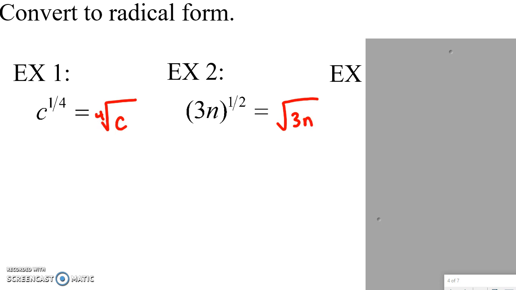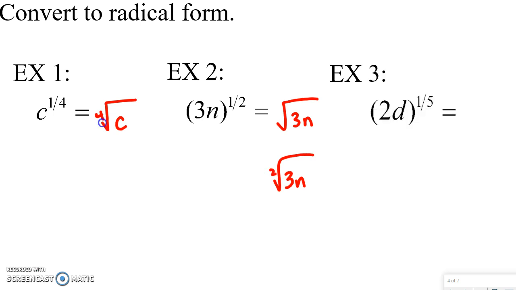This is square root without a 2. It is implied that it's square root. It's also okay if you write it there. Okay, and then 2d to the 1/5. So 2d is your base, goes inside, and then 5 on the outside.